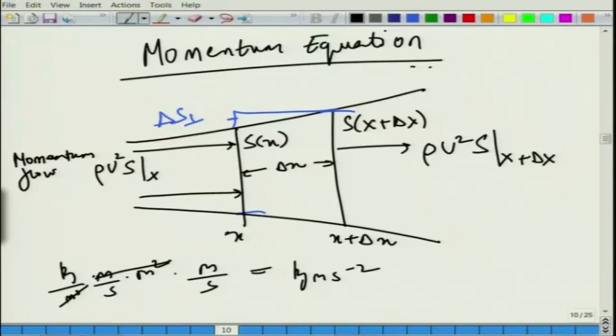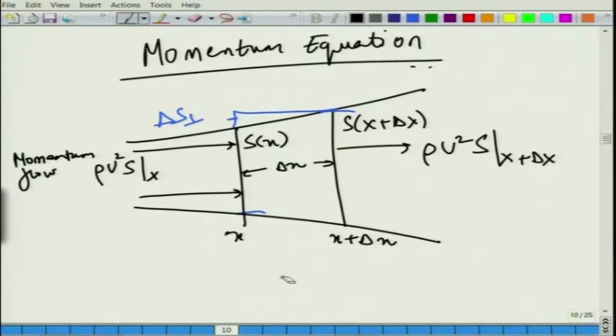This term indeed has the dimensions of force. So, it is something like rho u S, that is your mass per second into the velocity. So, that will give you the force. It is not just mass, it is mass per second times the velocity, so it has the units of force dimension wise.